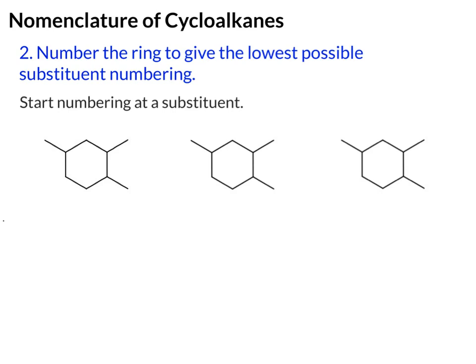So there's multiple ways we could potentially number this tri-substituted cyclohexane here. I'm going to go through a few ways with you and compare. So let's say we start at this methyl group and number clockwise. Okay, we get that numbering scheme. Let's say you decided to start at this methyl group and number counterclockwise.